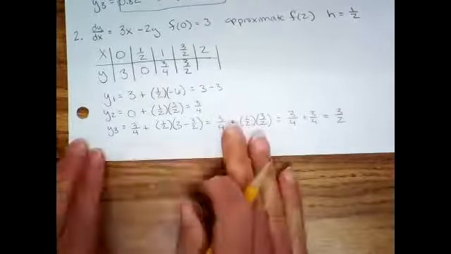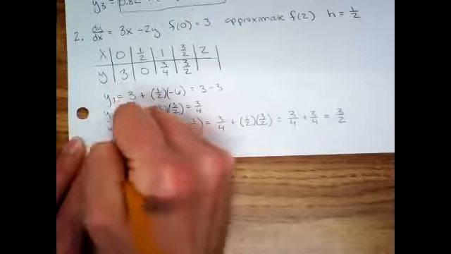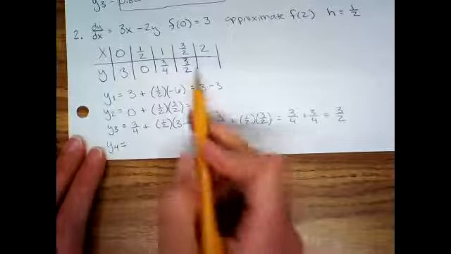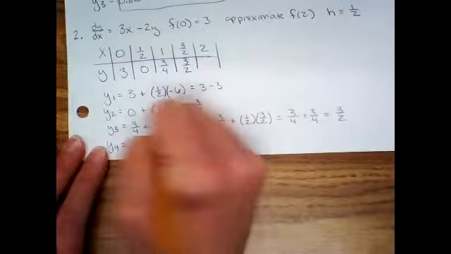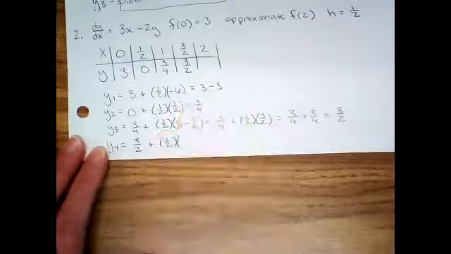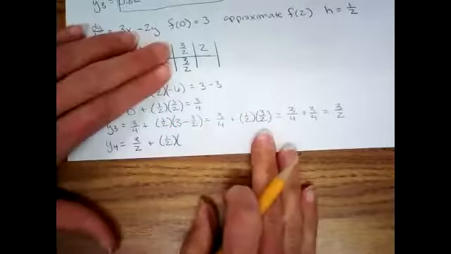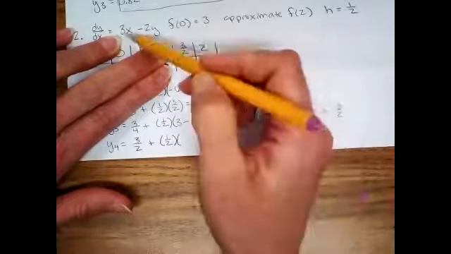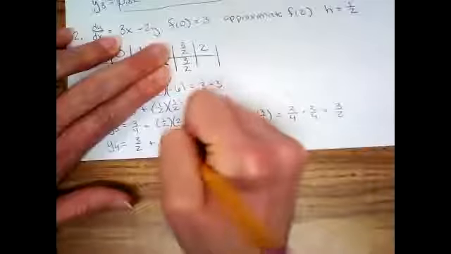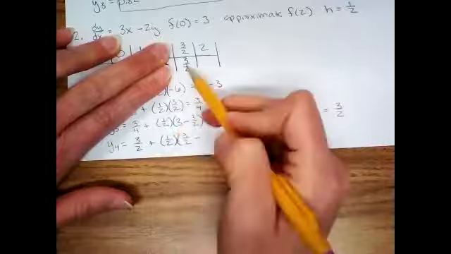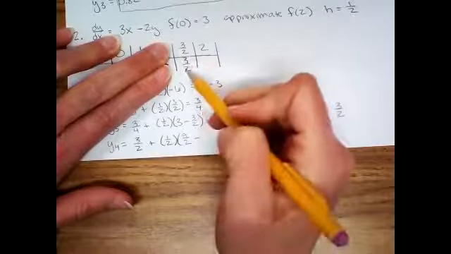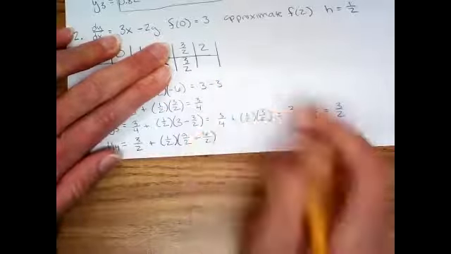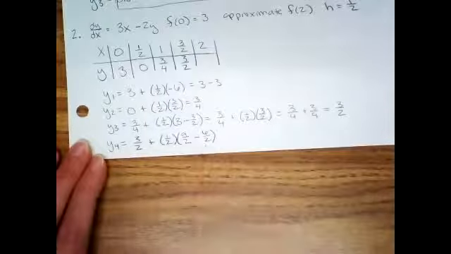One more, you can do it. This is really just more about perseverance than anything. All right, where's that one going to start? 3 halves, the one that you just had, plus 1/2 times the derivative at the previous point. You're plugging in 3 halves for both of them. 3 halves times 3 would be 9 halves minus, the 2's would cancel there and you would just get 3, but I will write that as 6 halves because then we have a common denominator.